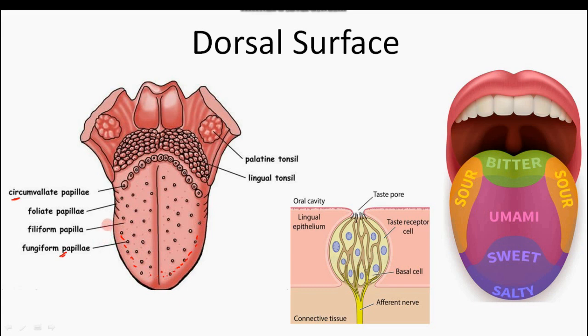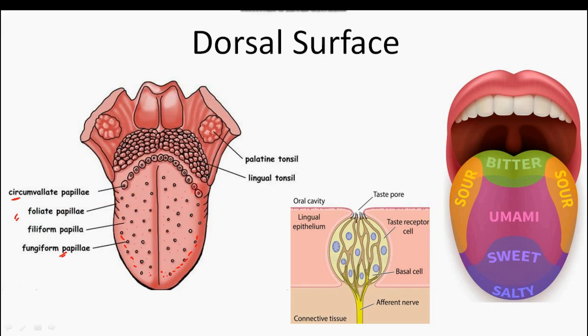The next papillae is the foliate one. Where is the foliate? You can see this one is the foliate papillae. Here we can see these vertical lines. These vertical lines are present on both sides, on the margin of the tongue on the posterior aspect.